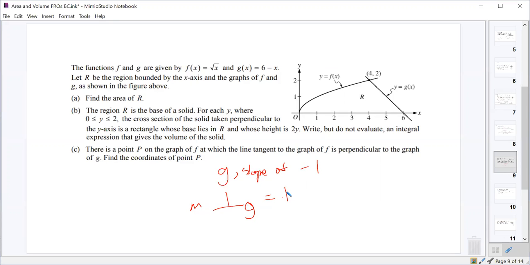So we're just looking for when the tangent line to F has a slope of 1.